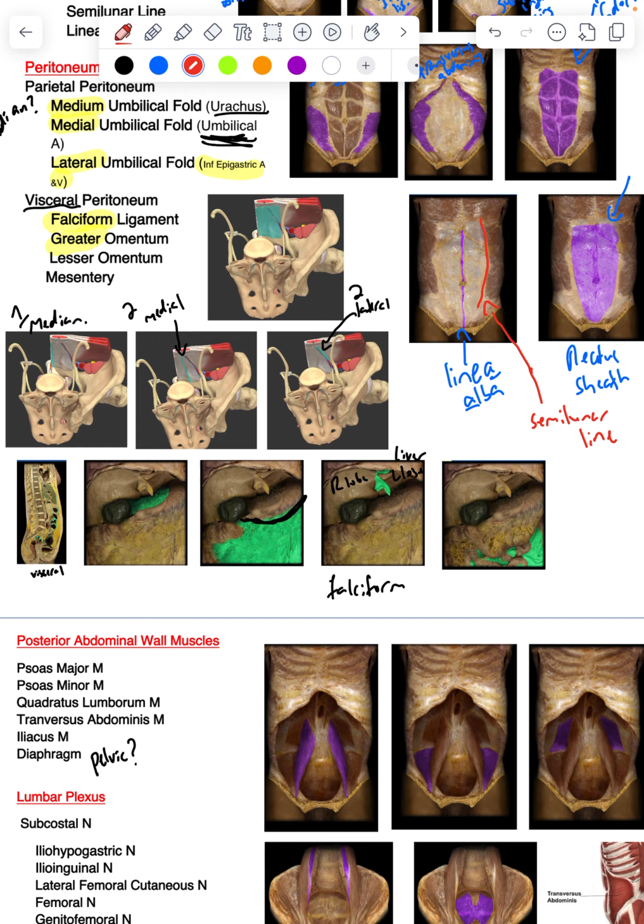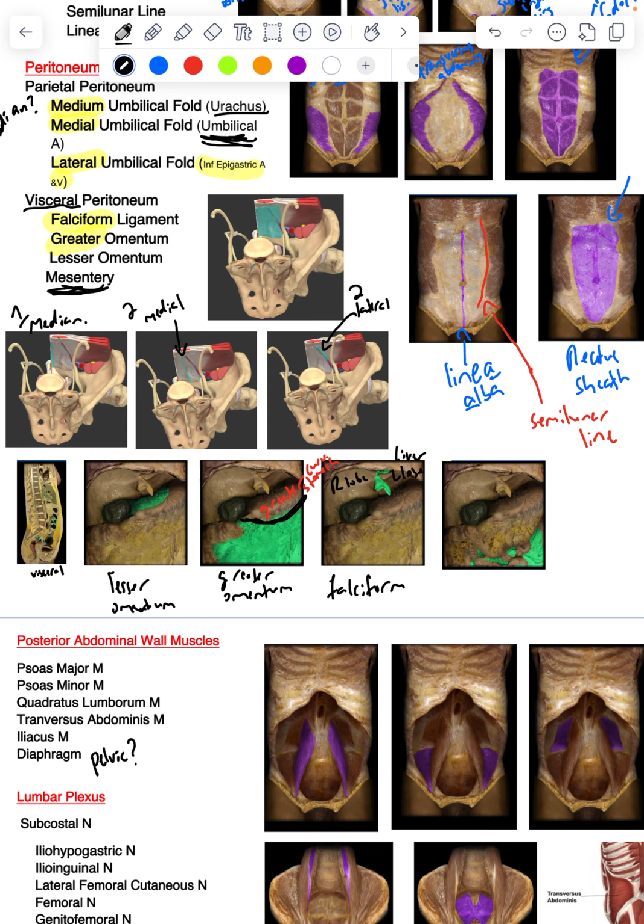So this is greater curve stomach. Your lesser omentum, so this is greater omentum, and this is going to be lesser omentum, would be coming off of the lesser curve in your stomach. And we'll go over this in a little because there's a part on the stomach. But that's how you distinguish them.